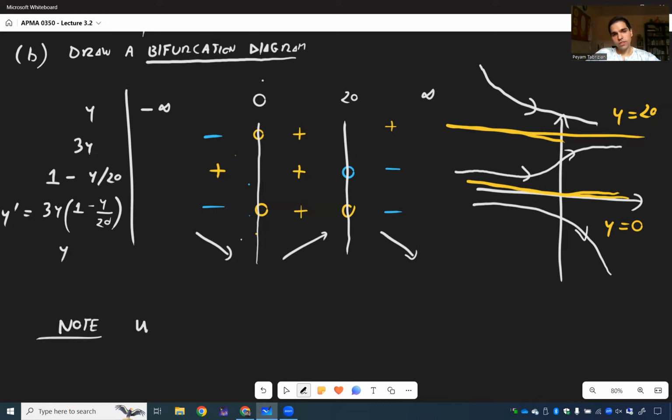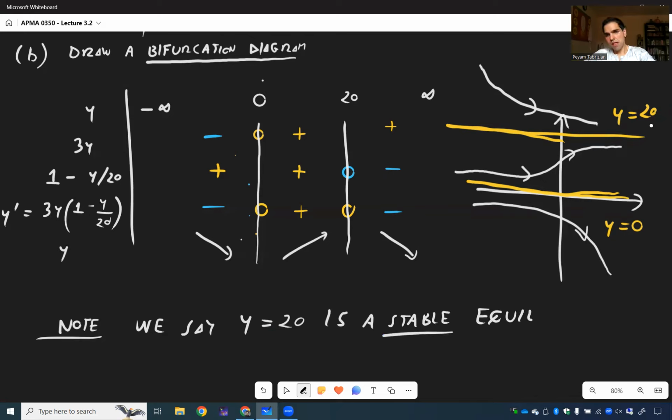So note, we say y equals 20 is a stable equilibrium. And all this means is that nearby solutions move towards it.